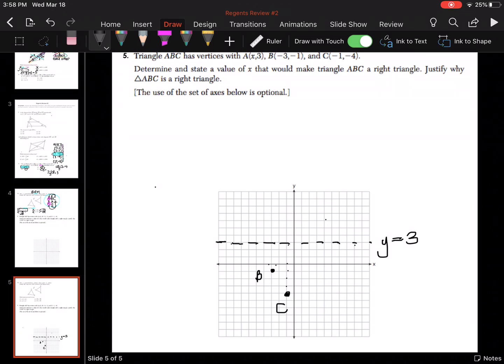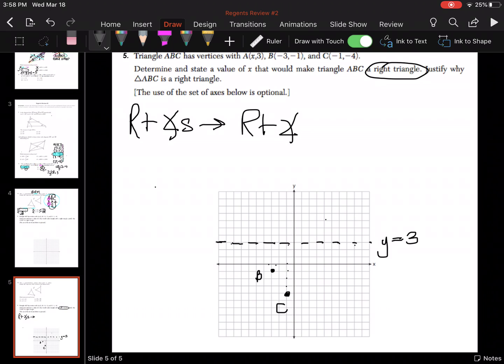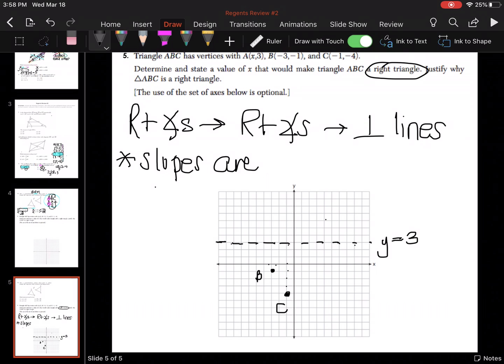Now we need to make a right triangle. Right triangles have right angles. Right angles are formed by perpendicular lines. As far as the math is concerned, perpendicular lines have slopes that are negative reciprocals.